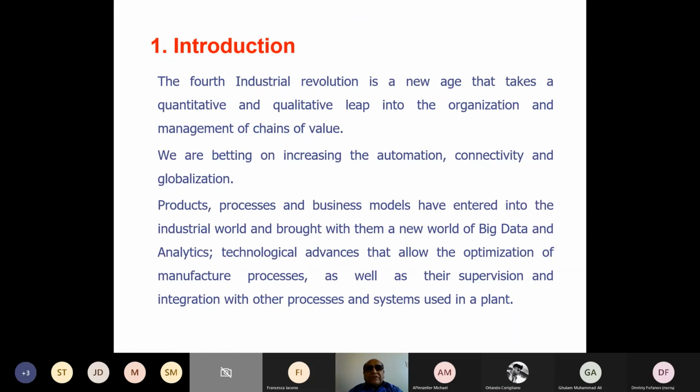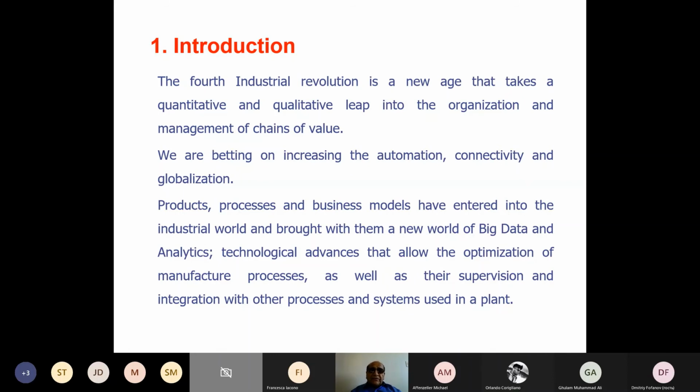Therefore, the Industrial Revolution is a new age that takes quantity and quality into the organization and management of the chain of value. We have reached increased automation, connectivity, and globalization.